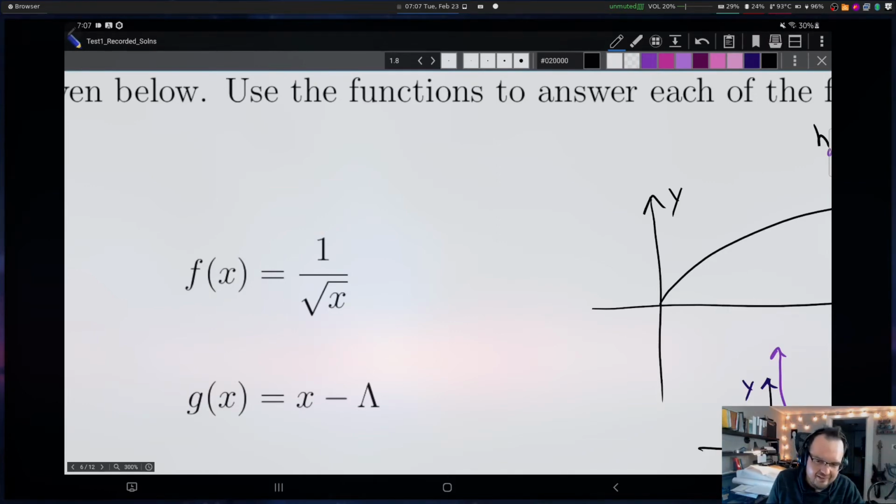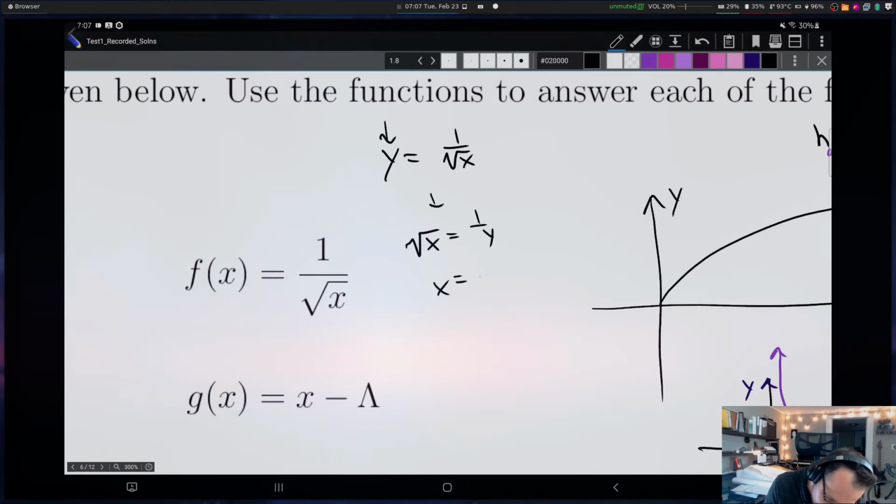Can I get a positive number? Can I get any positive number I want? I think so, because if I try to solve y equals 1 over square root of x, and y is like my favorite positive number, and I want to see if it is in the range, I could solve for this by saying root x is equal to 1 over y, and then x is equal to 1 over y squared.